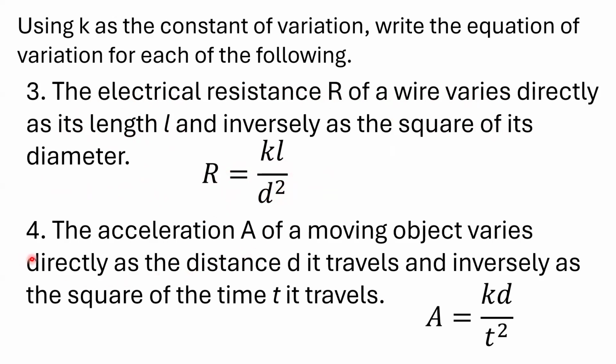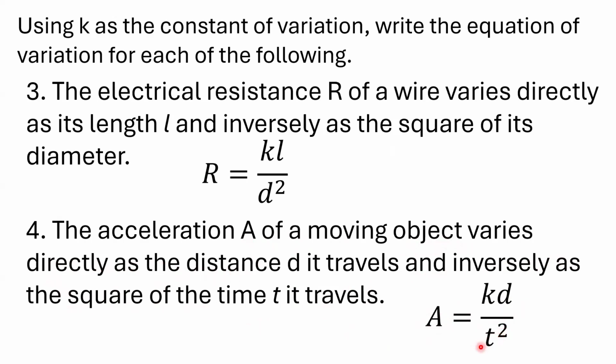Next problem: the acceleration A of a moving object varies directly as the distance D it travels and inversely as the square of the time it travels. So A is what we are looking for, the acceleration, and it equals k times D, which is directly as the distance, and inversely as the square of the time, so over T squared.